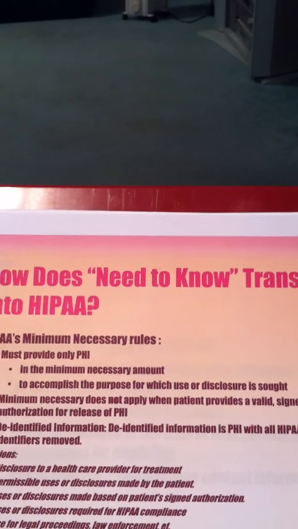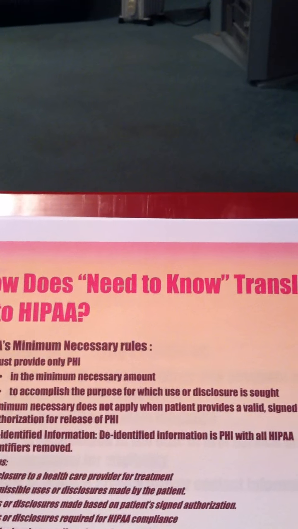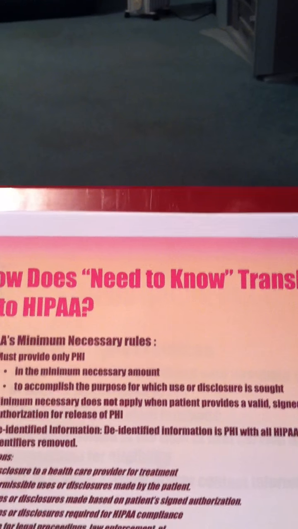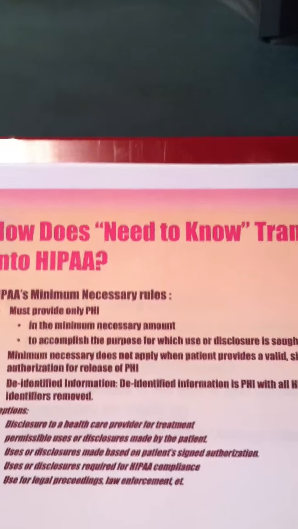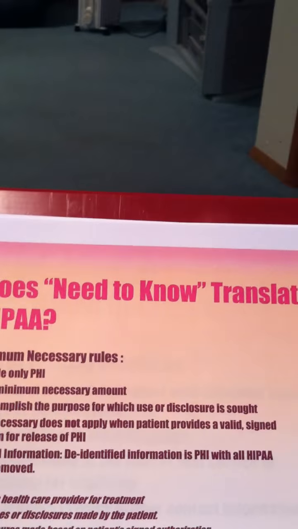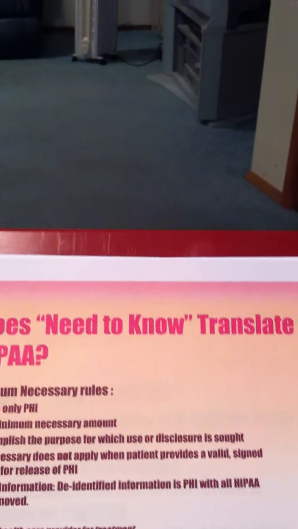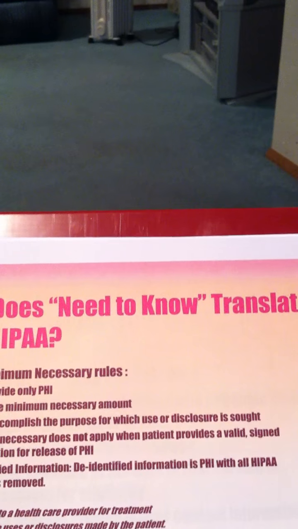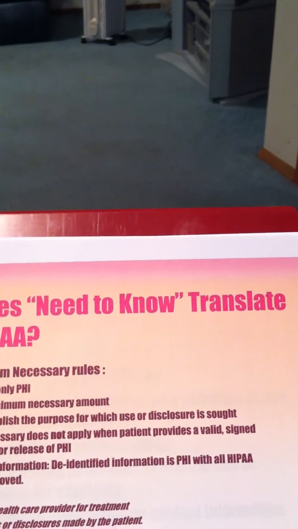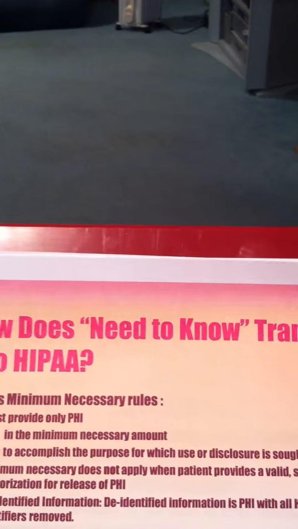Minimum necessary does not apply when a patient provides a valid, signed authorization for release of PHI. The exceptions to the rule are disclosure to a healthcare provider for treatment, permissible uses or disclosures made by the patient, and use for legal proceedings or law enforcement.